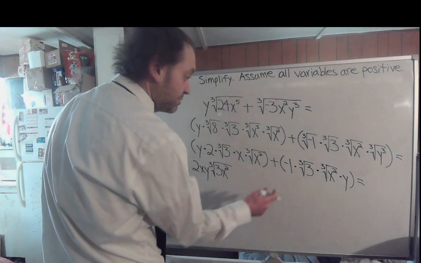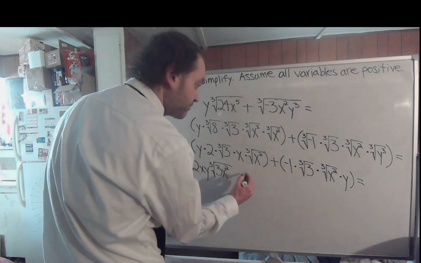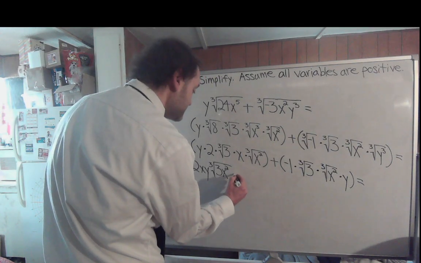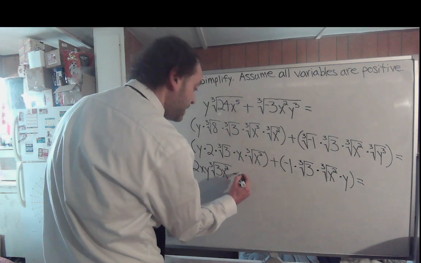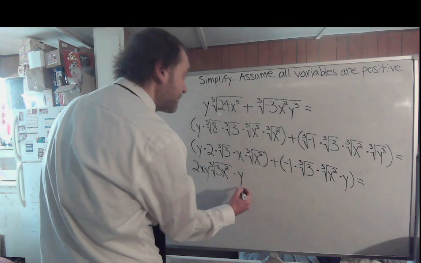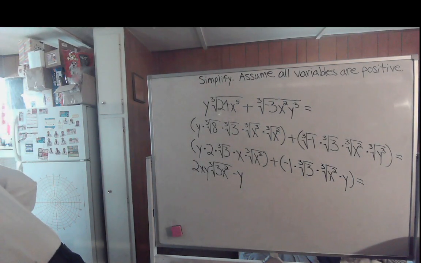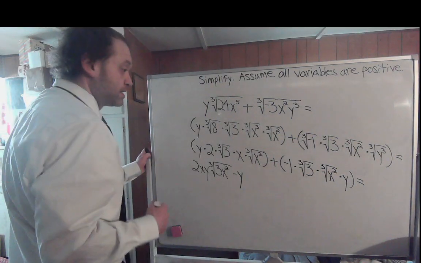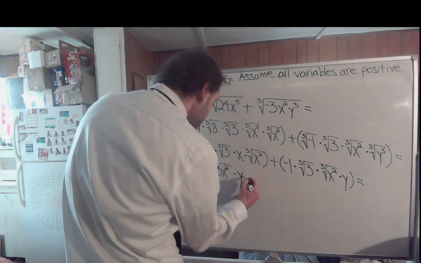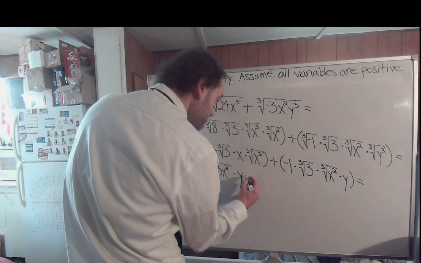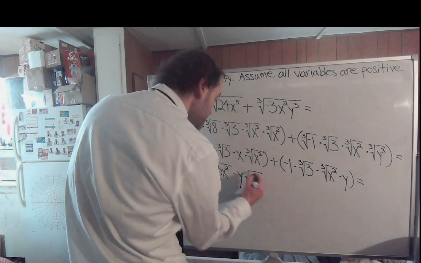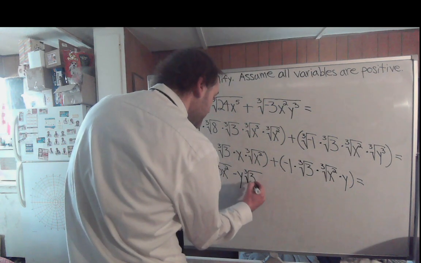The second term, you'd have minus y times the cube root of 3x squared.